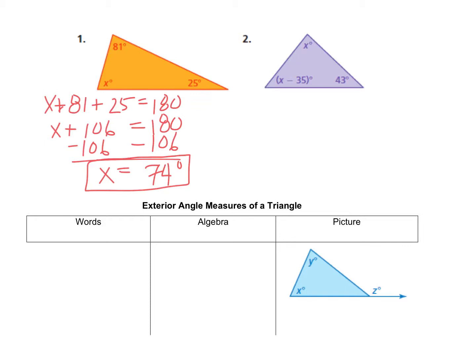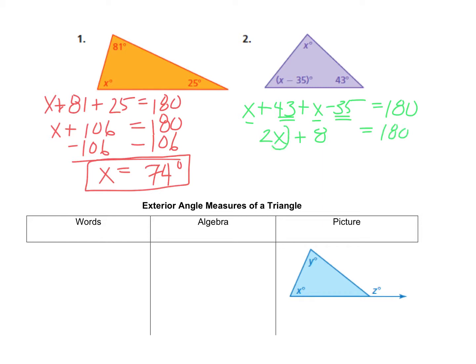And then lastly, again, I'll start at the top. x plus 43 plus x minus 35 equals 180. Combining my like terms, I can get 2x. 43 minus 35 is plus 8, equals 180.